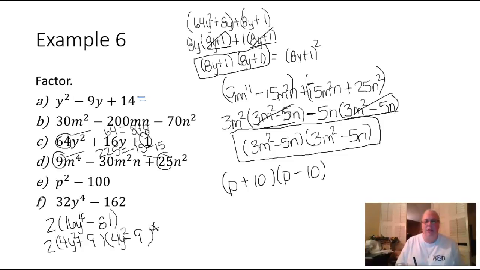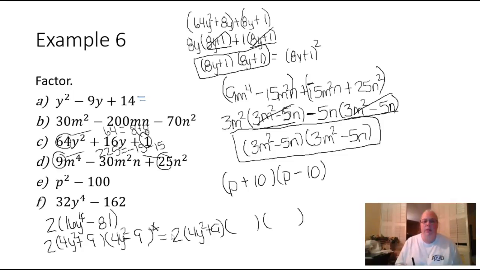This second parentheses right here will actually factor again because it's another difference of squares. 4 is actually a perfect square and so is 9. So we have to factor one more time. Now, I'm going to leave the 2 and the 4y squared plus 9 alone. But I know that the 4y squared minus 9 will actually become 2 more parentheses.